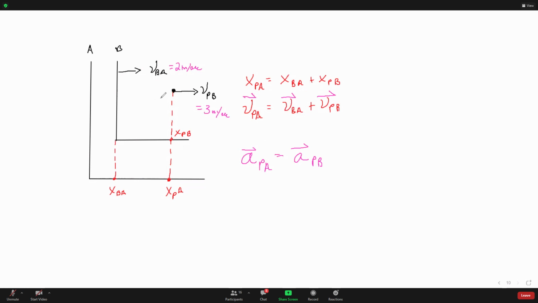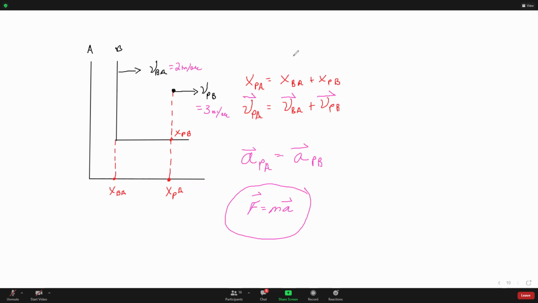So the accelerations are the same. And we will learn in chapter 4 that because the accelerations are the same, the forces are the same. So Newton's second law, just to give you a preview, is F equals ma. This is true only in an inertial frame of reference.